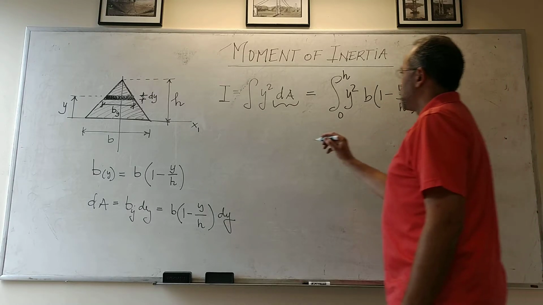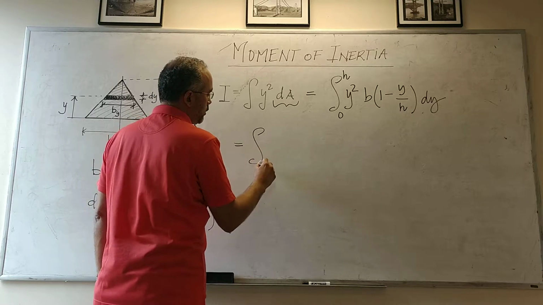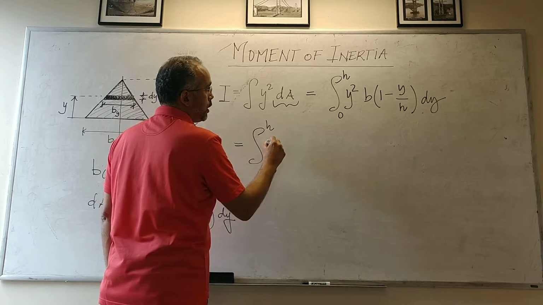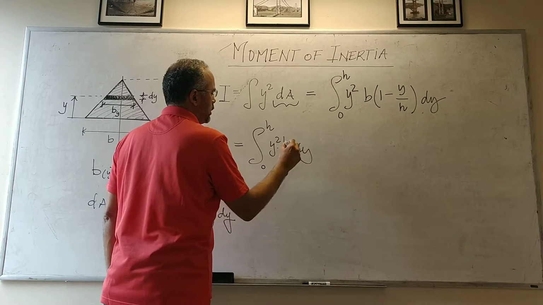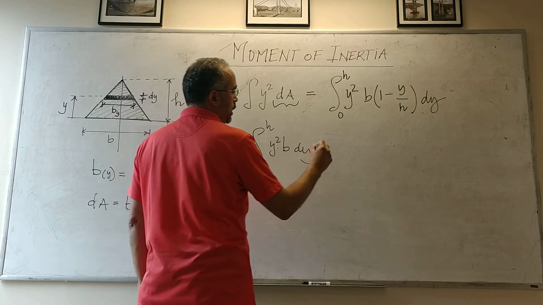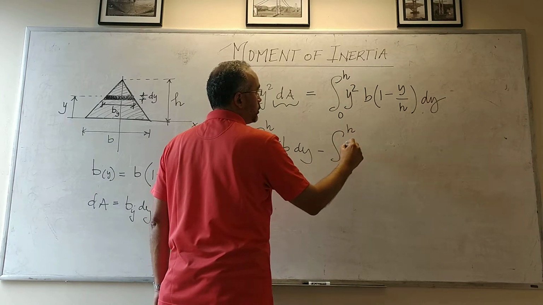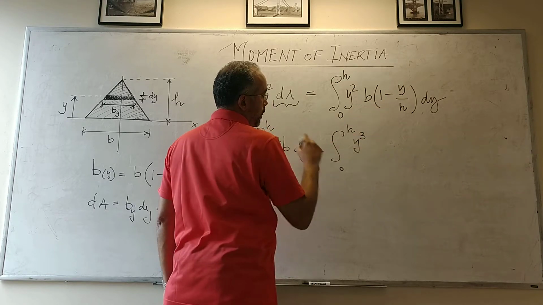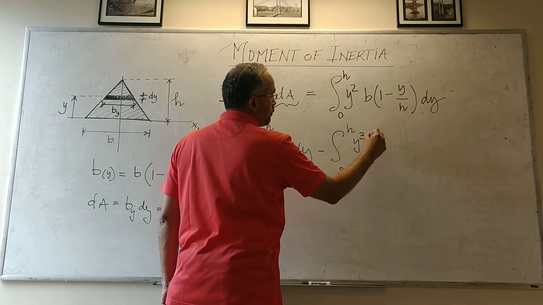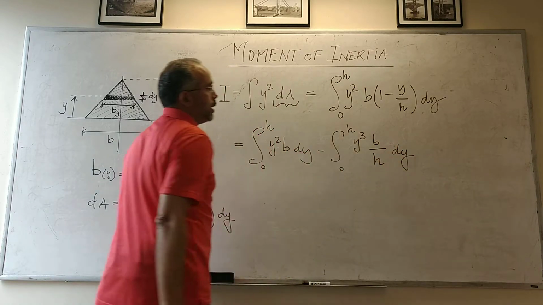Now we just distribute the integral on the sum, and we have the integral of y squared b dy minus integral from 0 to h of y cubed b over h dy.